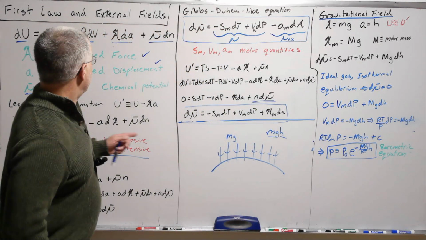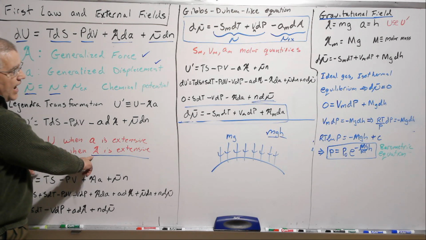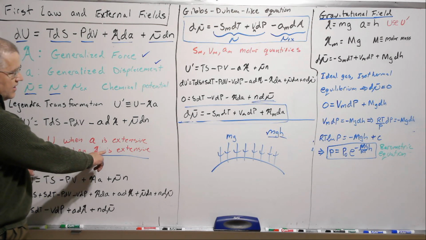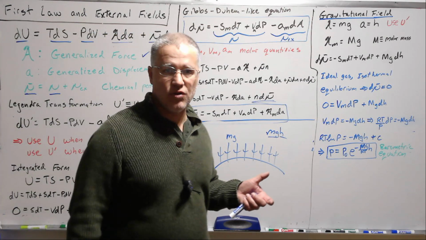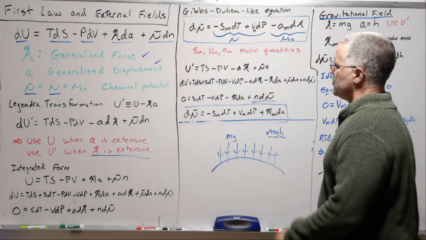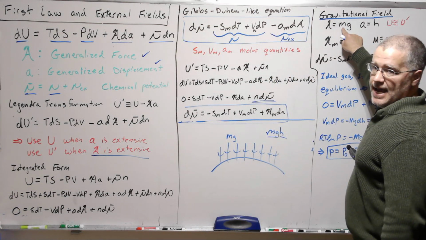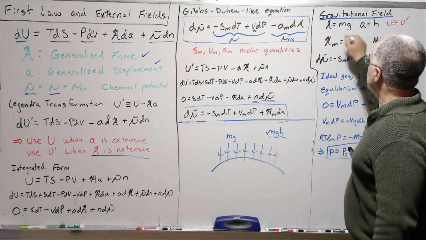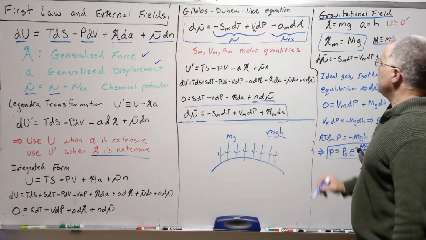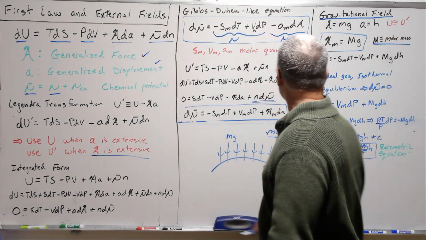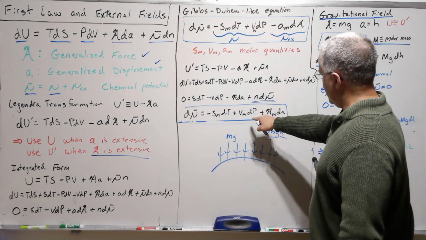So we're going to need to go back to here and say, what did we do? A, capital A, is extensive. And so we need to use the Legendre transformed version of the first law. Now we can divide by m, or by n, and that gives us molar mass here. So here is A, fancy A_m, and here is then this equation.